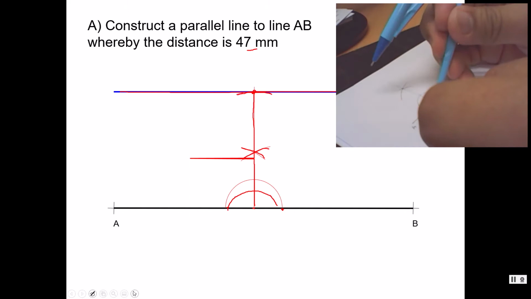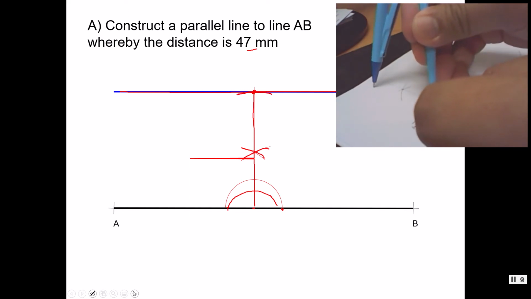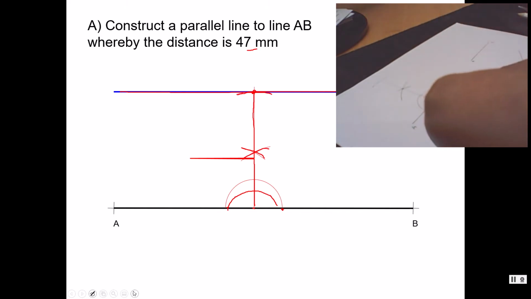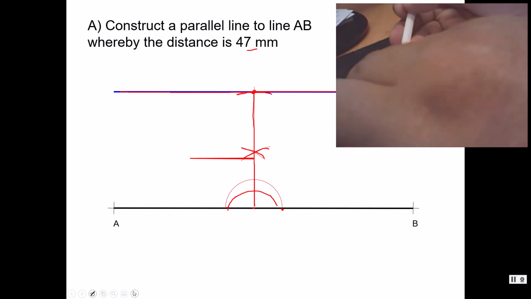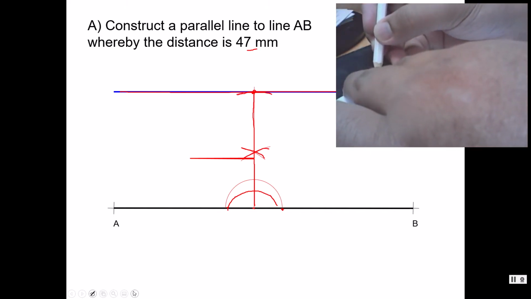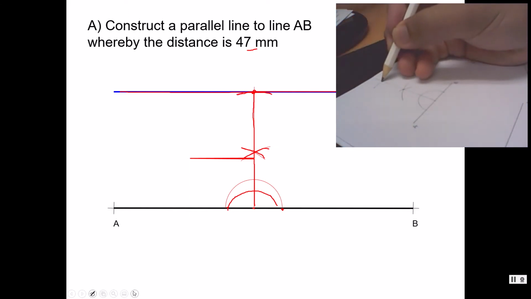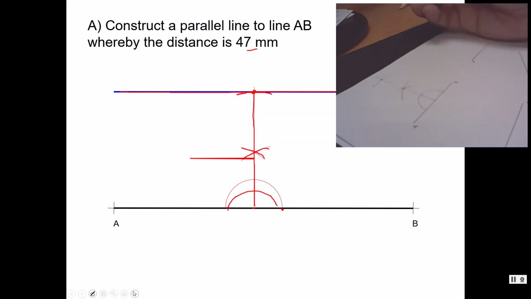Okay, once you measure it, you just need to give it a mark there. So this one you can extend it. Okay, so now you have this point, which is exactly 47 mm distant from the AB line.